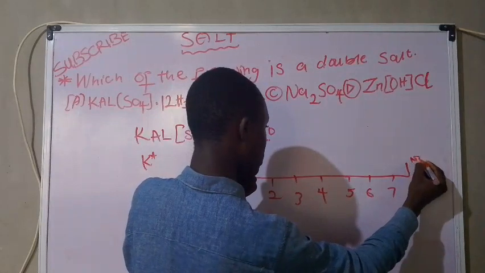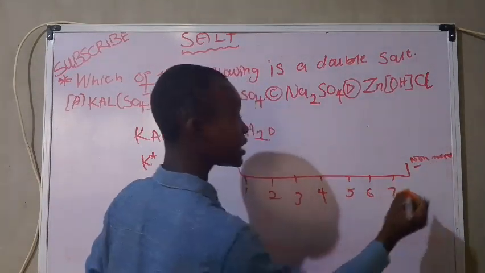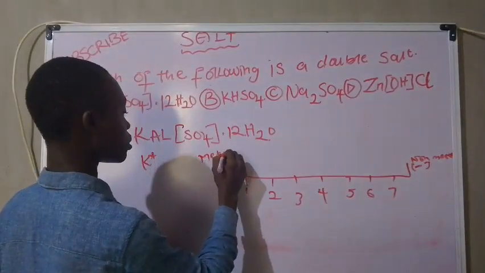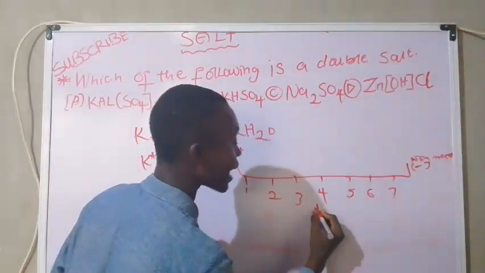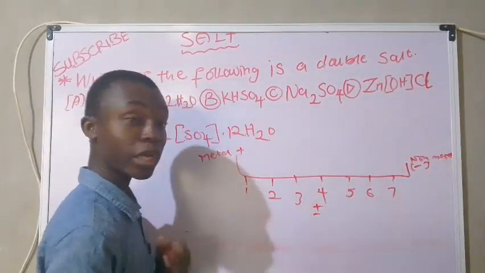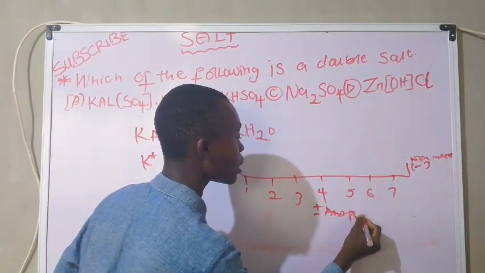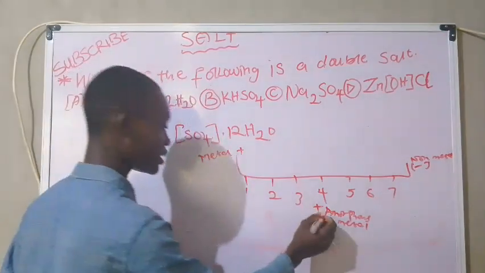You have non-metals indicating a negative sign. You have metals indicating a positive sign, and you have an amphoteric metal indicating a plus or minus sign.